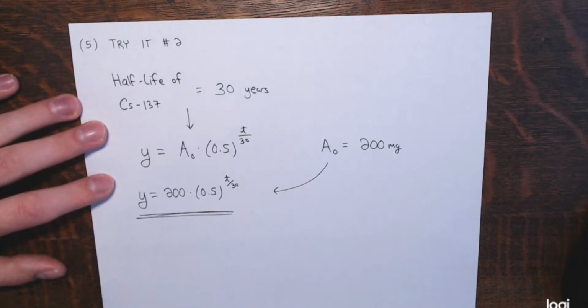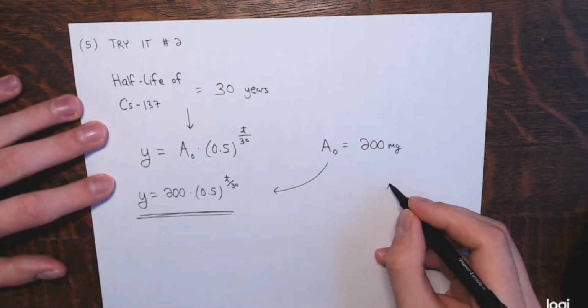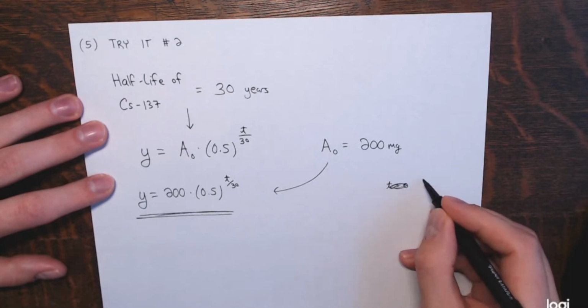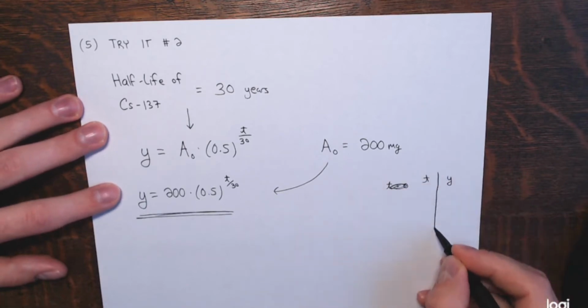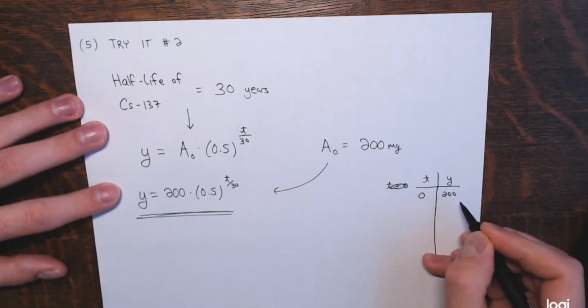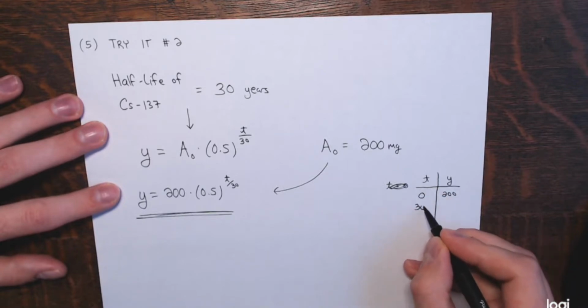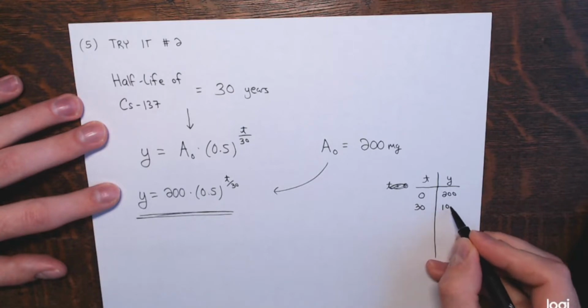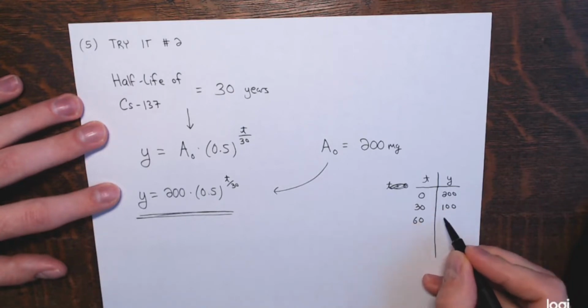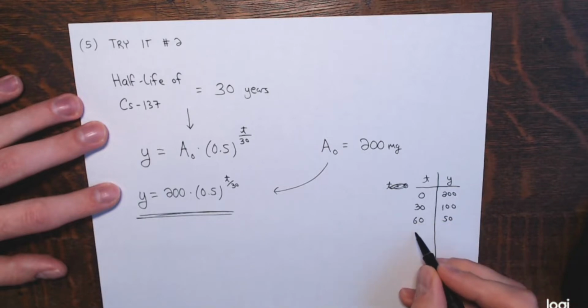Now, we could do this. I can make a table here, t and y. We know that when t equals 0, the amount is 200 milligrams. And then every 30 years, you get cut in half. After 30, there's 100. After 60 years, there'd be about 50 left. Then 90 years, there'd be 25.